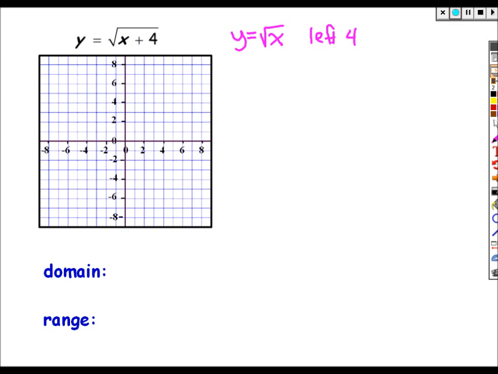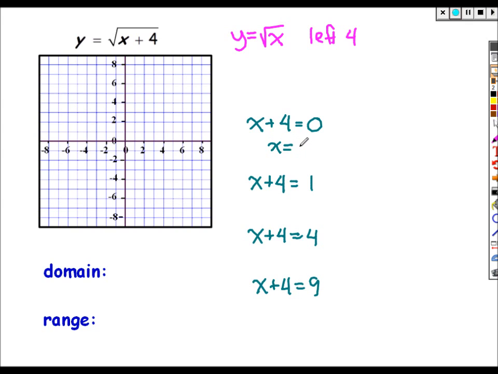So here's kind of my thought process when I'm making a table. I want to take the square root of 0, or the square root of 1, or I know how to take the square root of 4, or the square root of 9. So therefore, if I solve these equations, like if I plug in negative 4, or if I plug in negative 3, or if I plug in 0, or if I plug in 5, those would be kind of nice input values.